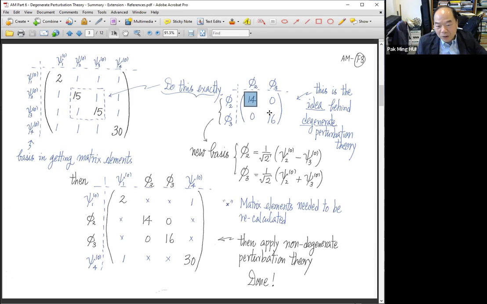It is 15 plus 1, 16. So the eigenvalues, no problem. But you also need to find out the new eigenvectors that will make this part diagonal. Again, you can read it out if it is epsilon, epsilon, delta, delta.